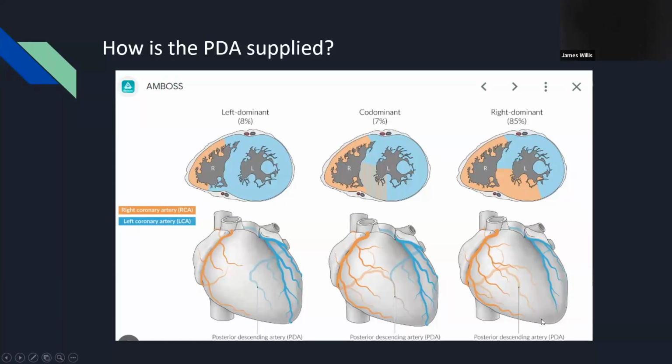If you have ST elevation that's equivalent between lead 2 and 3, or absence of reciprocal ST depressions in lead 1, or ST elevation in the lateral leads, so lead 1, aVL, V5 to V6, then those are pointing more towards a circumflex, so left dominant heart.